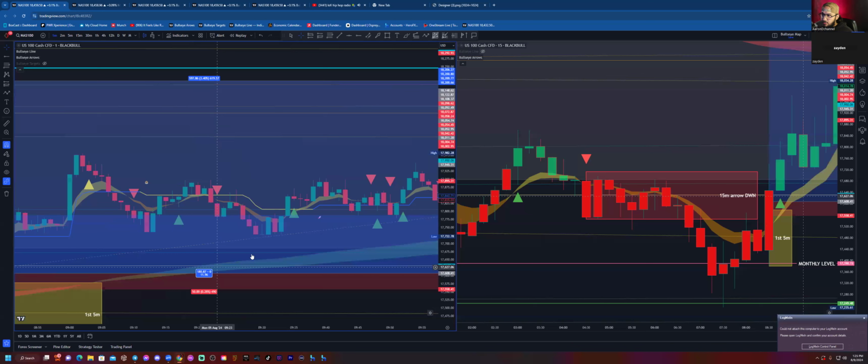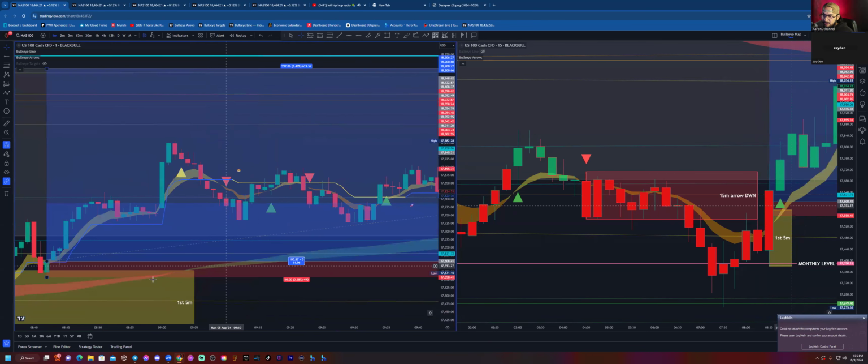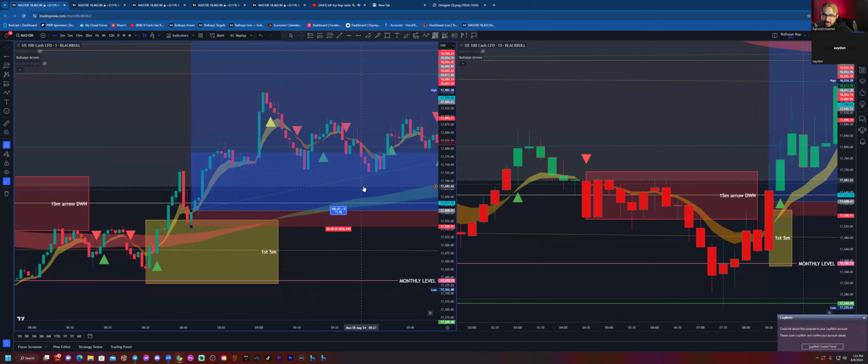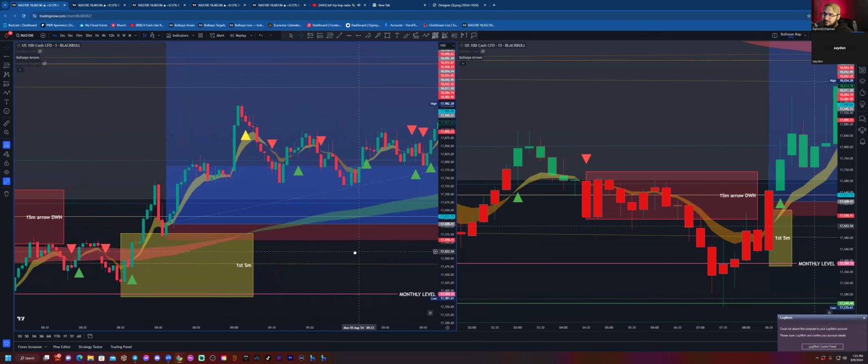Then we get another rocket at 9:39, and we also get a cloud flip on 1 minute. So red cloud on 1 minute turns to green. That's a good indication that we're going in the right direction.